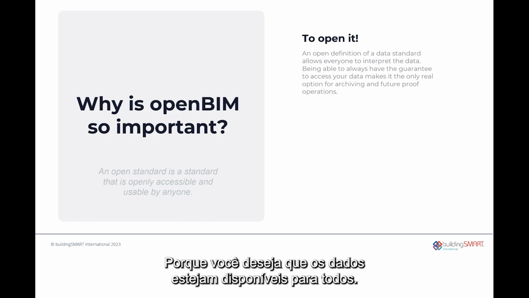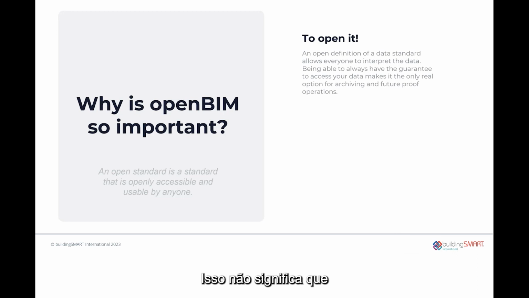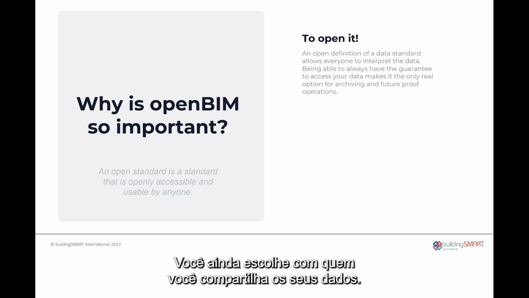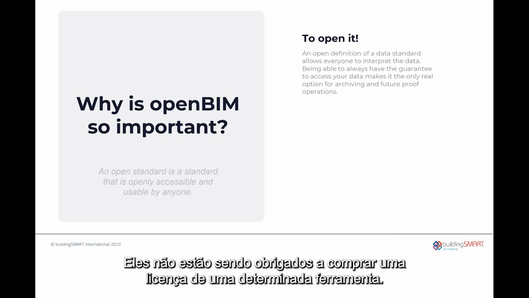Because you want to have the data available to anyone. That doesn't mean that you need to publish it out there and anyone can use your data. You still choose with who you share your data. But at the moment you share your data with someone, that person has the ability to actually use the data. They're not being forced to buy a license of a certain software tool.